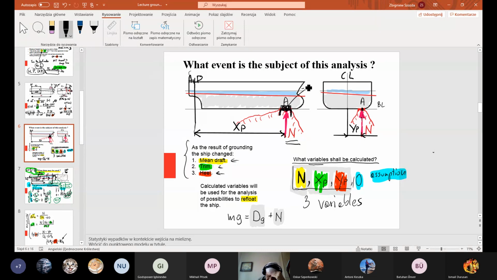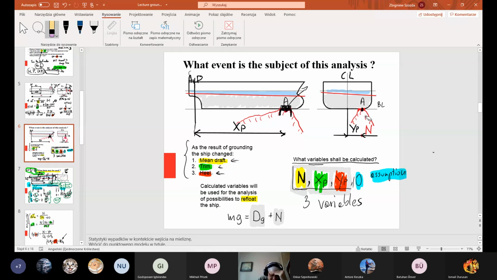The weight, N, has been discharged. So I will delete the force here for a moment, and I will assume that the weight has been discharged from point A, from the point of action, and the same in the transverse direction.